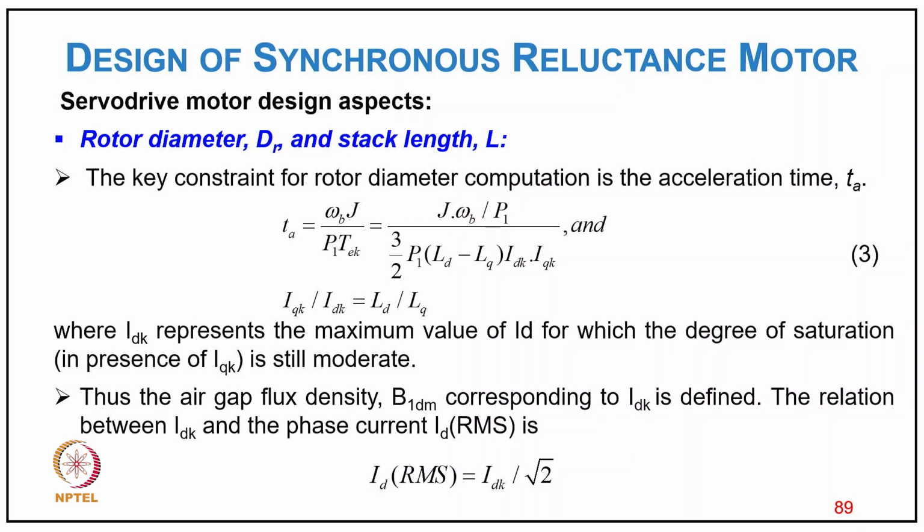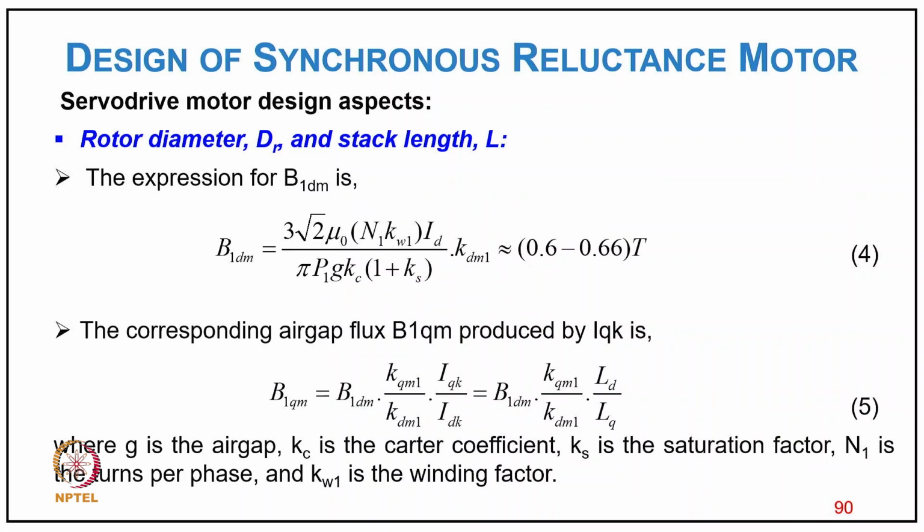The relation between Idk and the phase current is Idk rms equal to Idk upon root 2, and typically the expression for B1dm is 3 root 2 V0 N1 Kw1 Idk upon pi p1 g Kc (1 plus Ks) Kdm, that is around 0.6 to 0.66 Tesla.